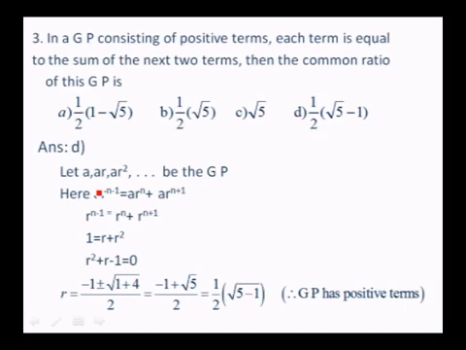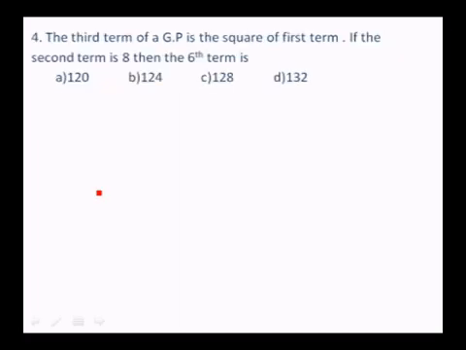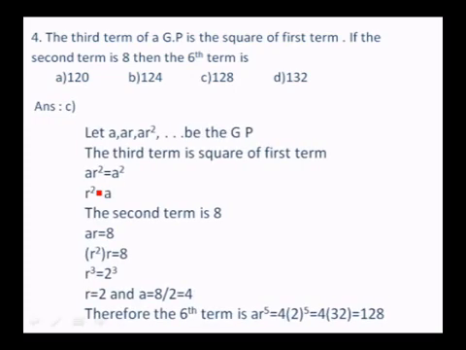So, reduce that to the quadratic form, then you can easily obtain the solution. It's not very difficult. The third term of a GP is the square of the first term. If the second term is 8, then the sixth term is. So, here also I take the GP as a, ar, ar square, etc. The third term is the square of the first term. Equate those two: ar square is equal to a square. R square is equal to a.